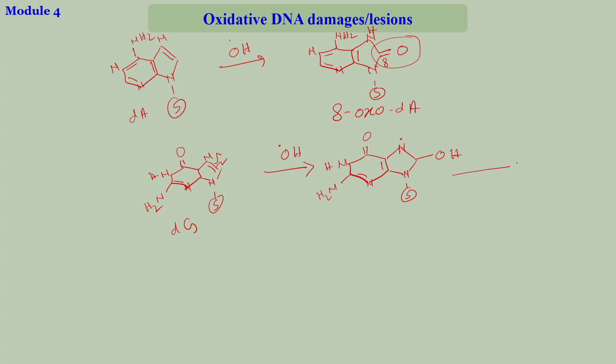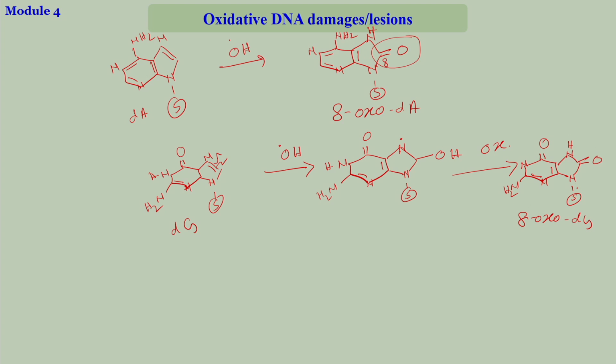This, upon one electron oxidation, will produce this double bond. Here would be NH, this, and this is called 8-oxoguanine.